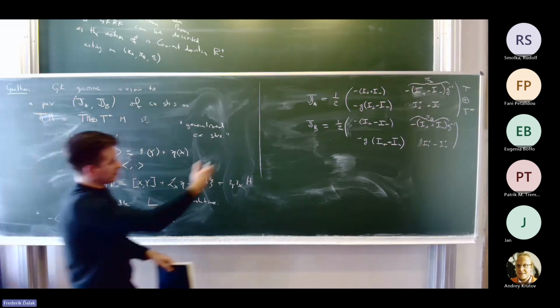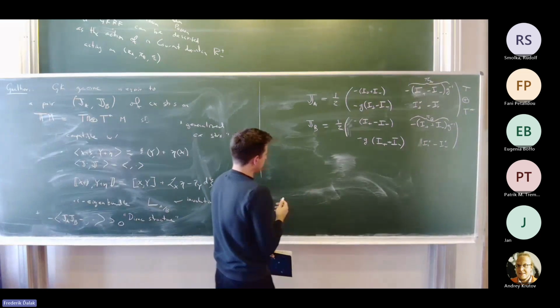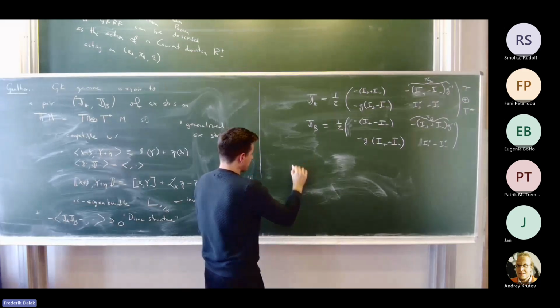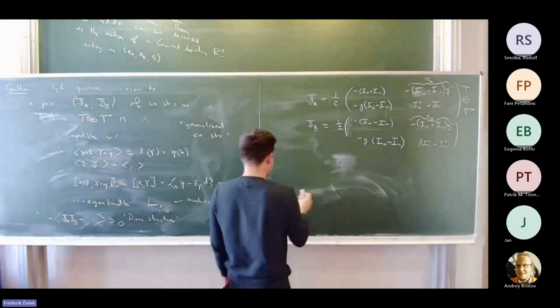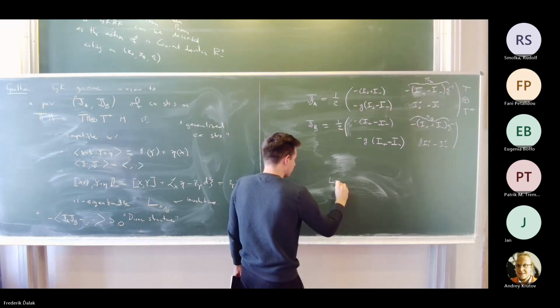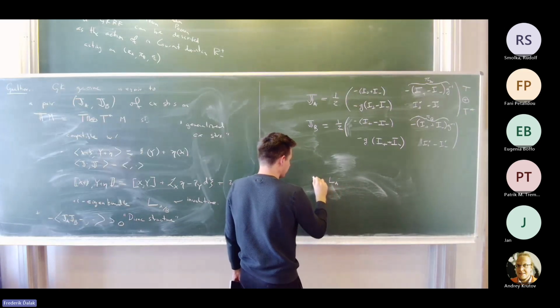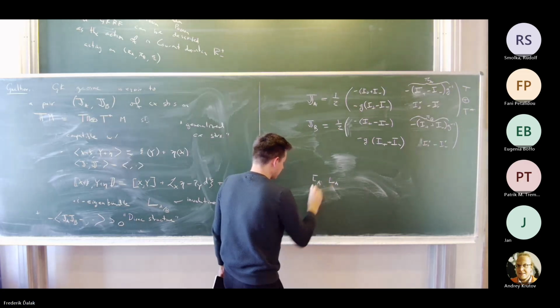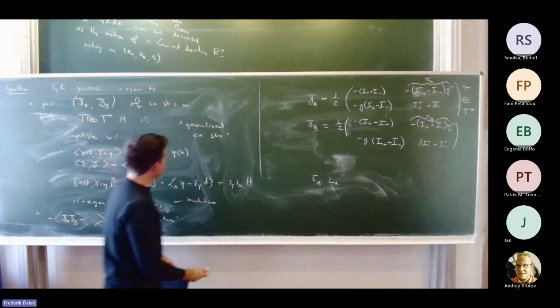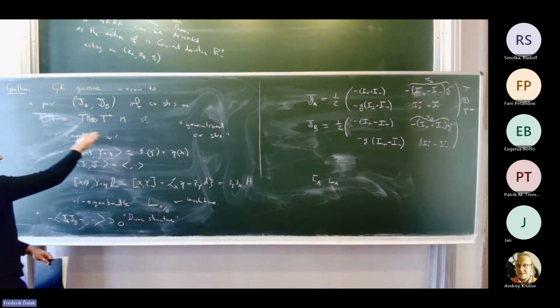So one incarnation of this relationship appears by looking at the Dirac structures for JA and JB, looking at their plus i eigenbundles. I have LA and LB, LA bar, and together this should give you the complexification of this bundle.